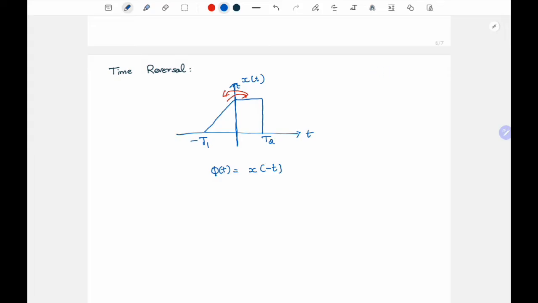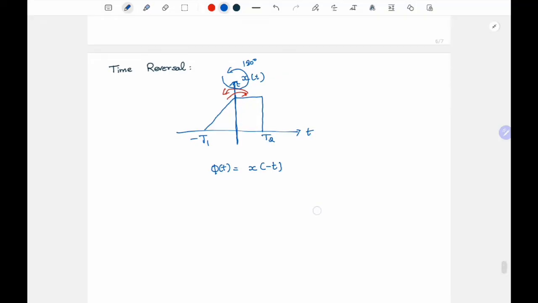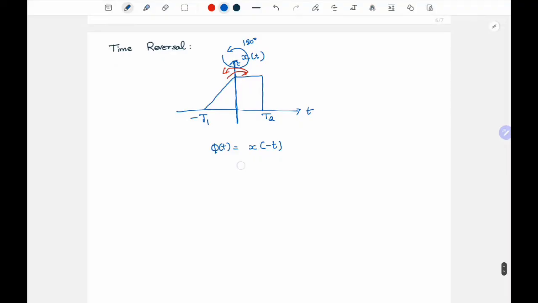In other words, you can imagine rotating this vertical axis by 180 degrees, and the same operation results. So what you will get is minus t2 and t1, and the amplitude will remain the same.